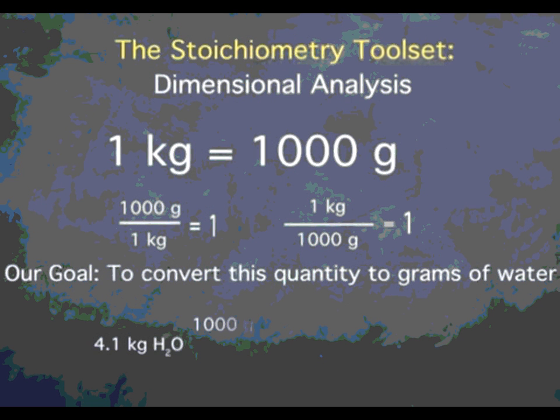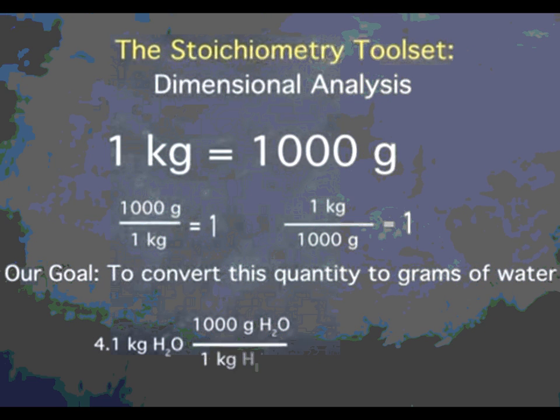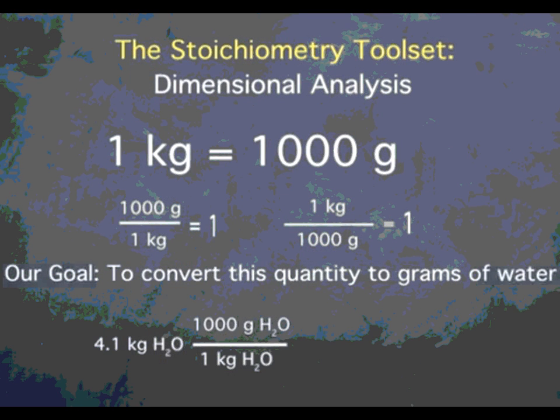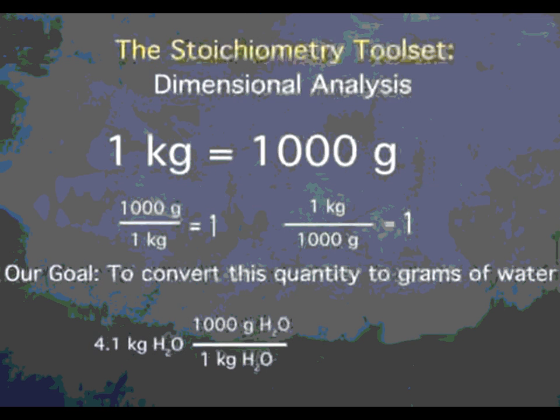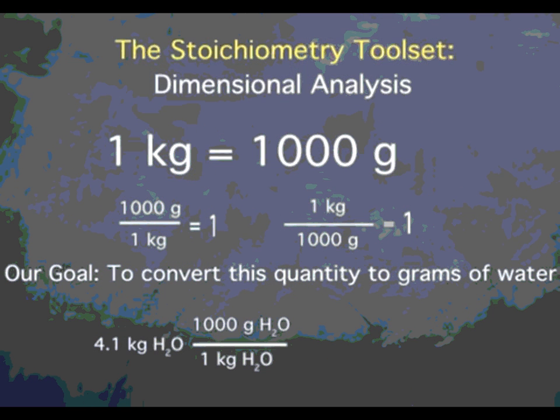Next, we multiply the ratio 1,000 grams water over 1 kilogram of water. Remember that above this ratio was shown to be 1, so we are just multiplying our initial quantity by 1. This multiplication does not change the amount of water. It merely changes the units we are using to describe this amount of water.